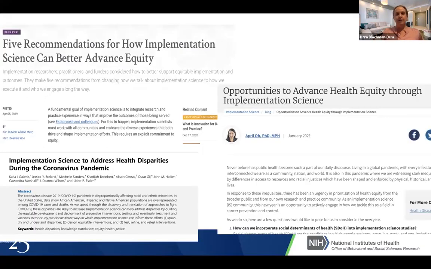And a couple of other examples of some recent thinking and papers around how we can better integrate implementation science and health equity, including a blog written recently by April O from NCI on this topic.